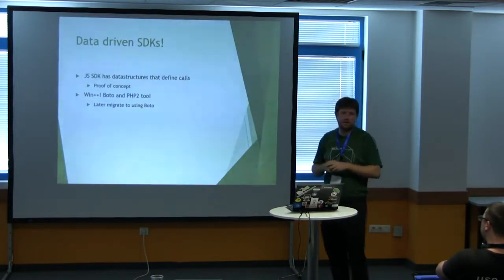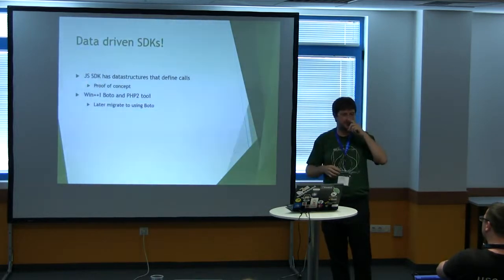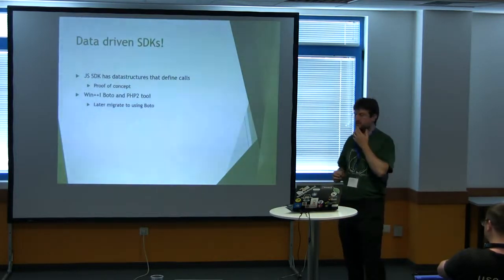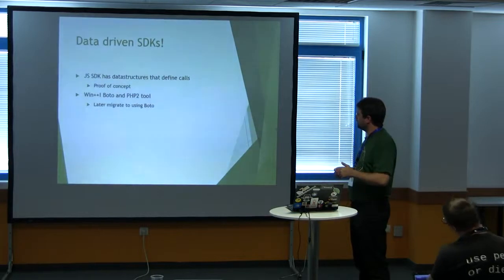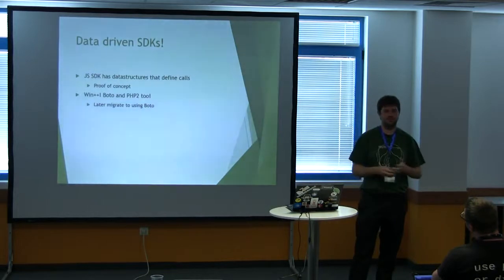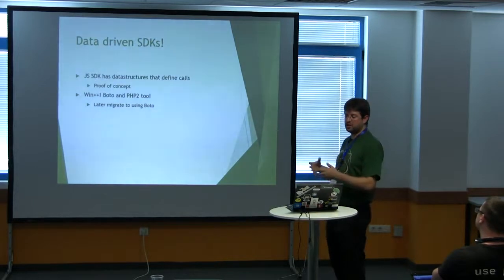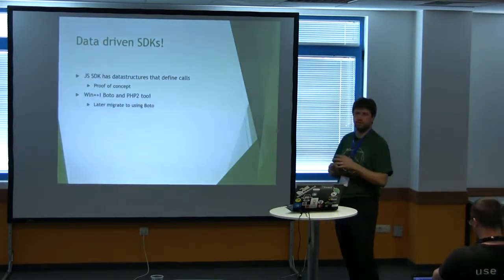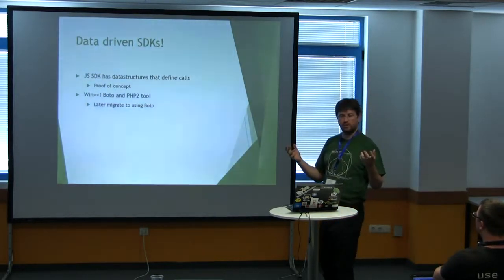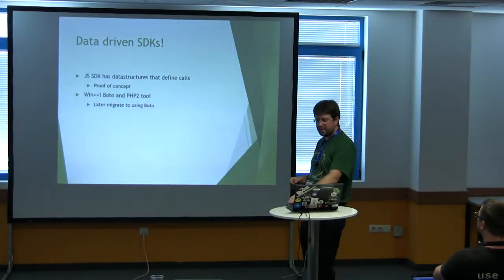But we got a very big win: we did a proof of concept with the JavaScript SDK. We got to generate some working classes to call AWS's APIs, but we were seeing that we would have to fill in lots of information to really get all the services implemented. So looking at other SDKs, Boto, the Python SDK, and the PHP one, we found more suitable definitions for us.